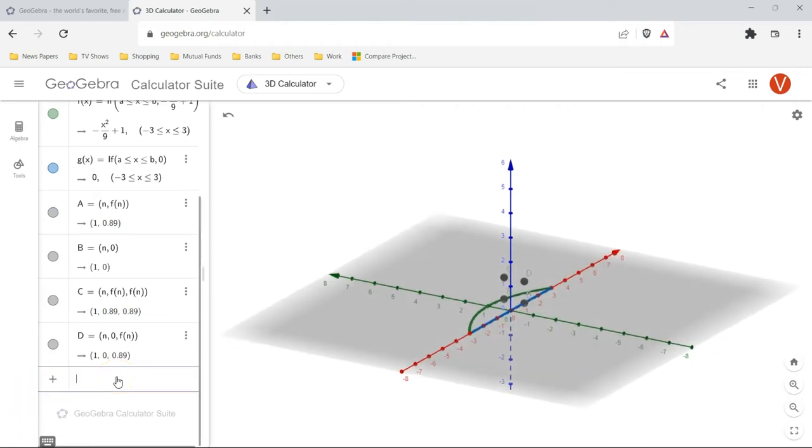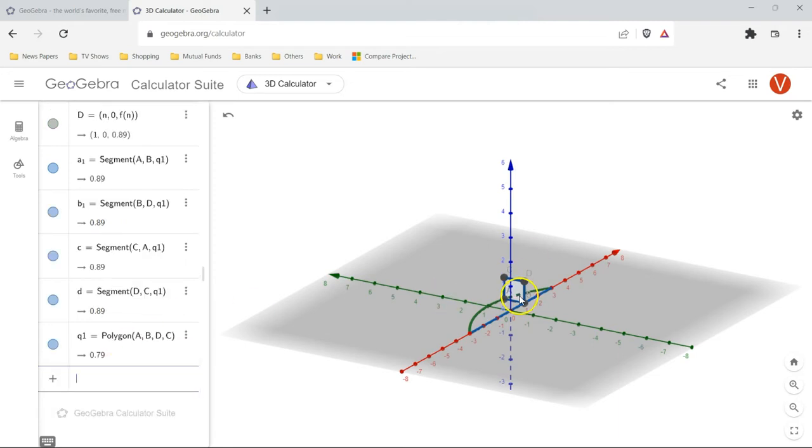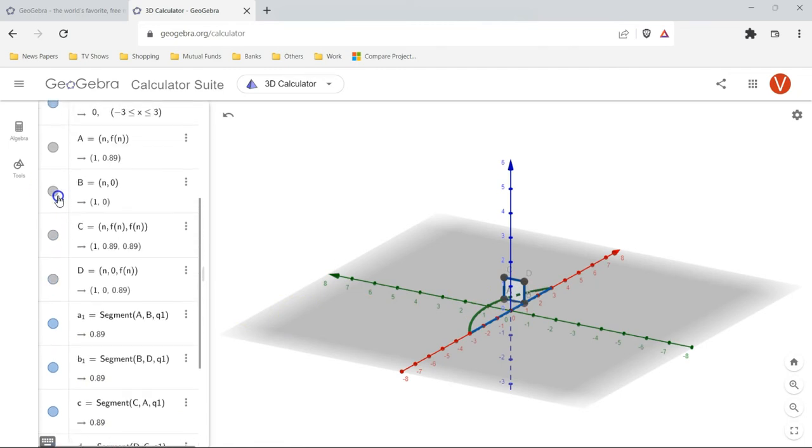But to really make it appear as a square, let's convert that into a polygon. So polygon a comma b comma d comma c. Now you can actually make out a square, and I'm going to hide the points because I don't want the points to be visible.